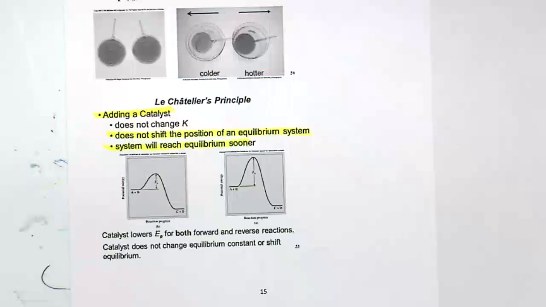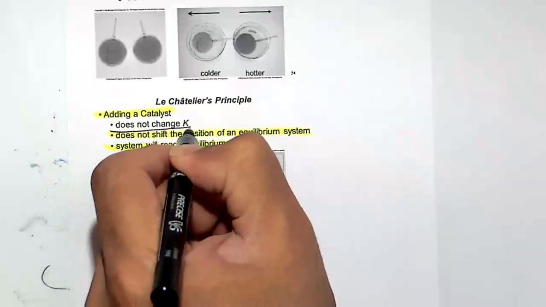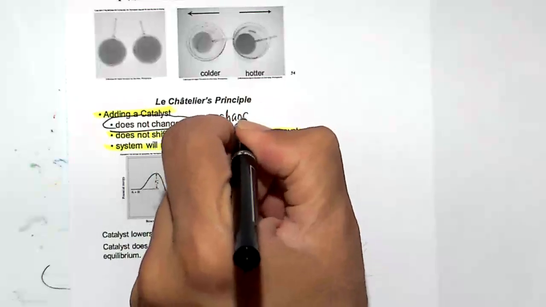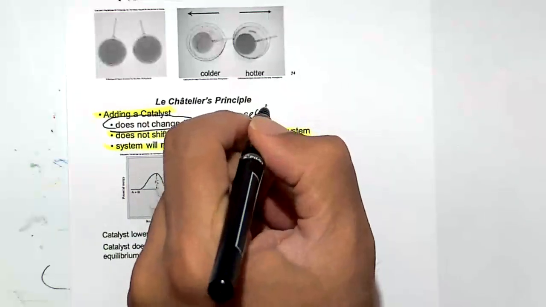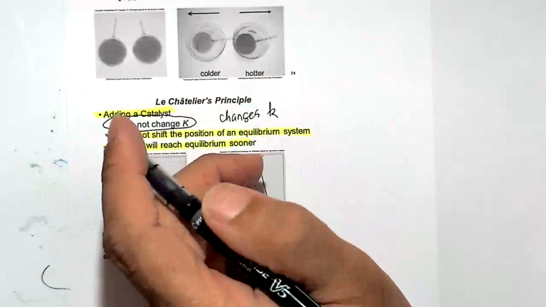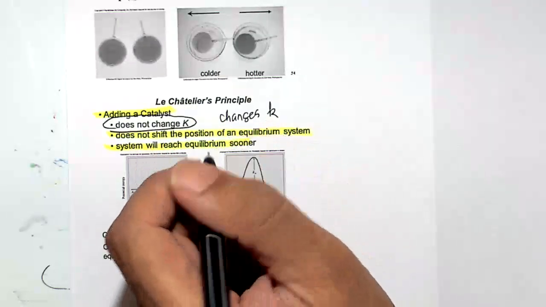It just makes, as all catalysts do, the reaction go faster. So it does not change the equilibrium constant. Do you know what it does change? It changes the rate constant, lowercase k, so that the reaction, boom, happens faster.